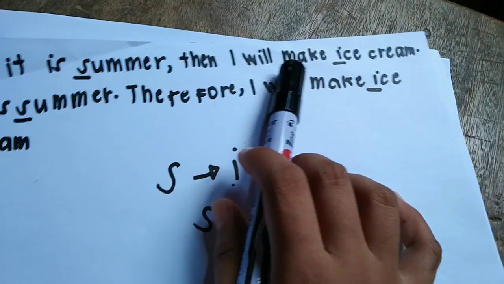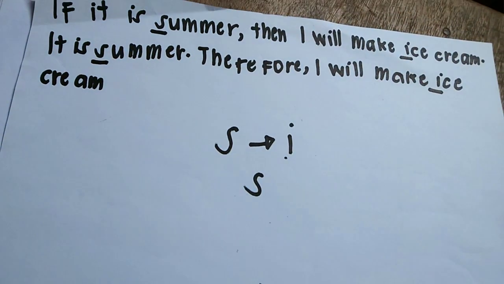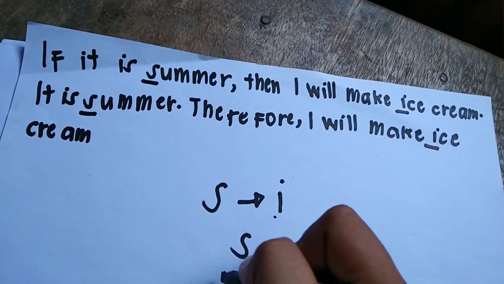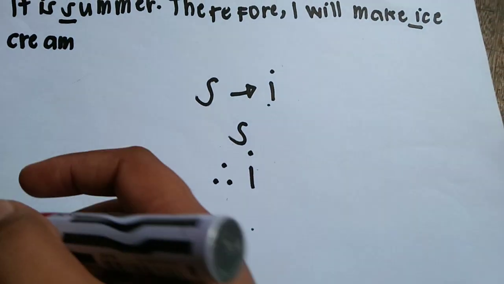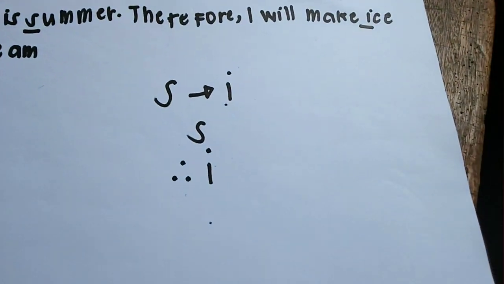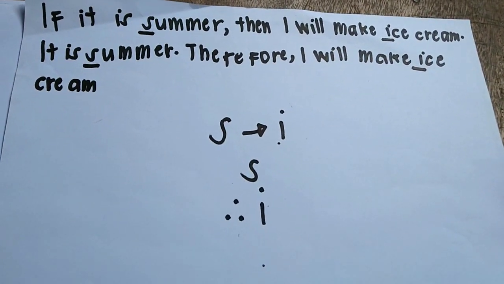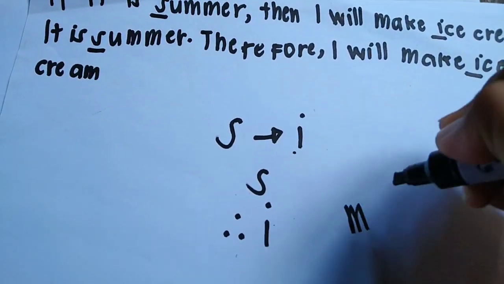Yung sa first premise natin is yung conclusion natin dito. So, therefore, it is I. So, ano kaya yung ginamit na rule dito para maging valid tong statement natin? So, ang ginamit nating rule dito is modus ponens.